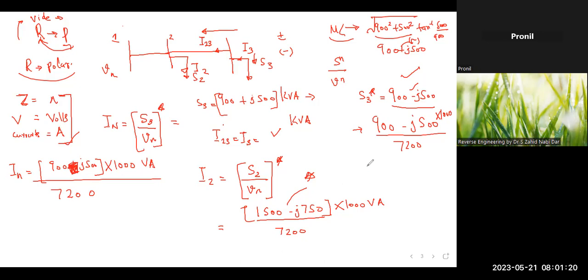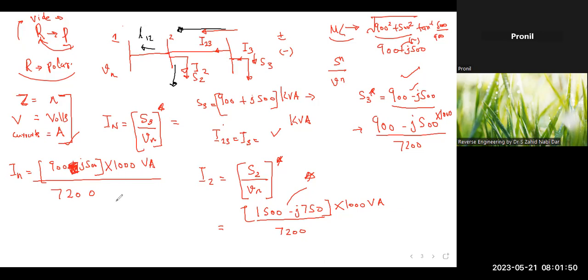So you have expressed this I2 also. Now once you have calculated this I2, you look at this thing over here in the backward sweep. The backward sweep says that this I23 goes down and going here, and this is equal to your I12.